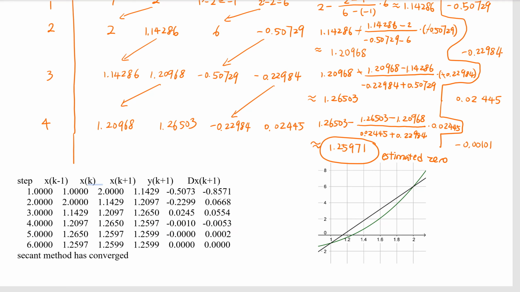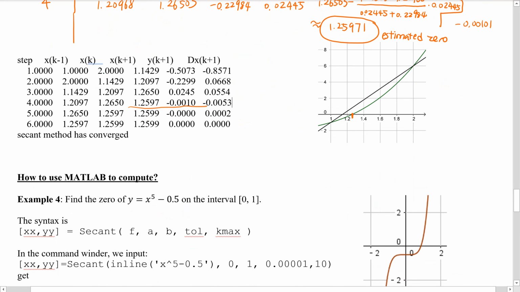See? It matched with our answer. And this is the picture, right? So see? Here, this is around 1.25971, close. So far, so good, everybody. And the secant method also converges in 6 steps.